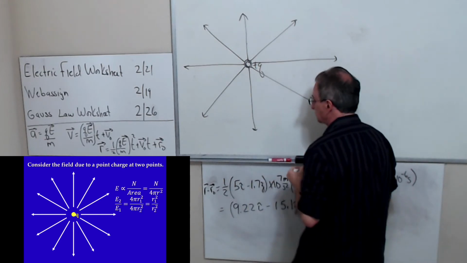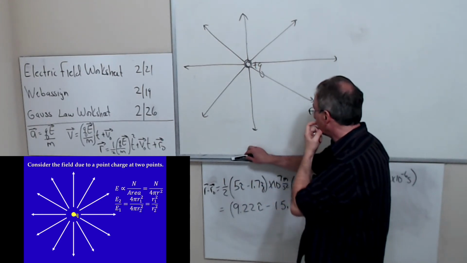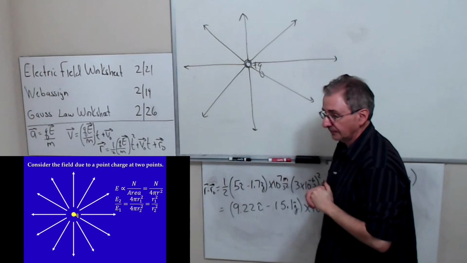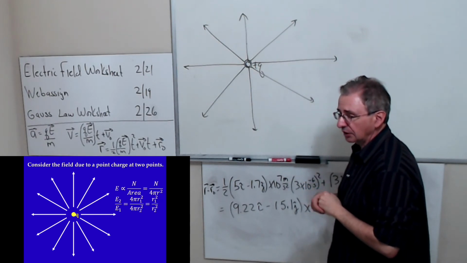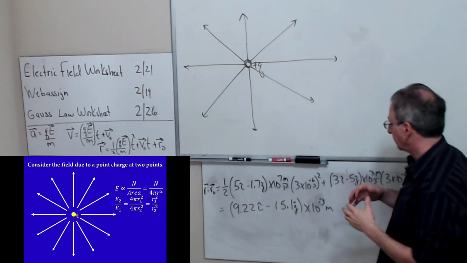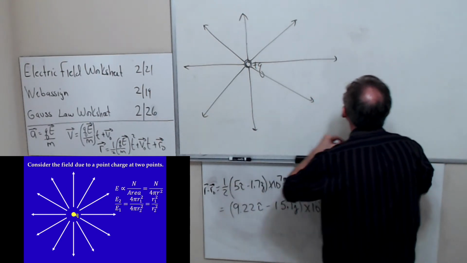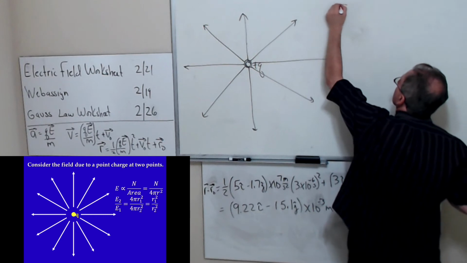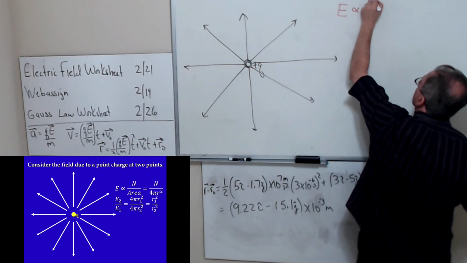Okay, that should be enough to look at the idea that the electric field is proportional to the number of lines per unit area.